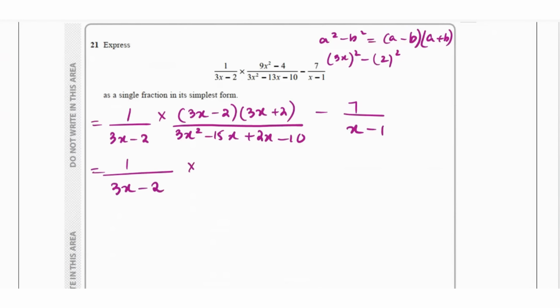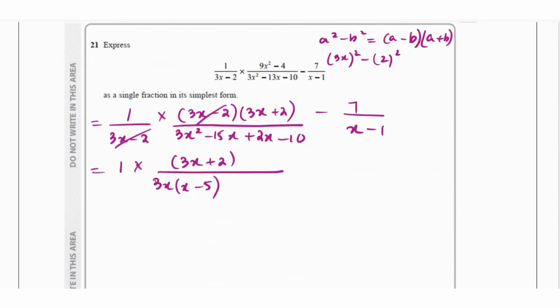So we can see that 3x minus 2 is getting cancelled out because both the fractions are being multiplied. So this becomes 1 times 3x plus 2 over, factorize it. In the first two terms, we have 3x common, so x minus 5 comes in the bracket. In the last two terms, we have 2 common, x minus 5 comes in the bracket.